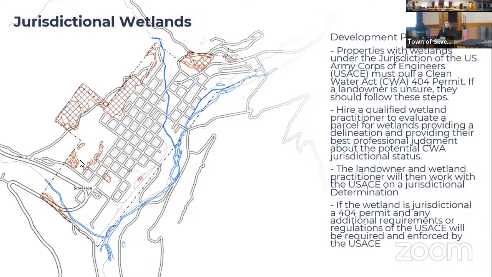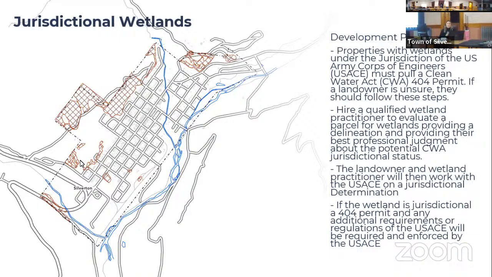And then finally, we have jurisdictional wetland areas in town. Currently the town has no regulations over wetlands. However, the U.S. Army Corps of Engineers does. If a property has jurisdictional wetlands on it, they're required to pull a Clean Water Act Section 404 permit.